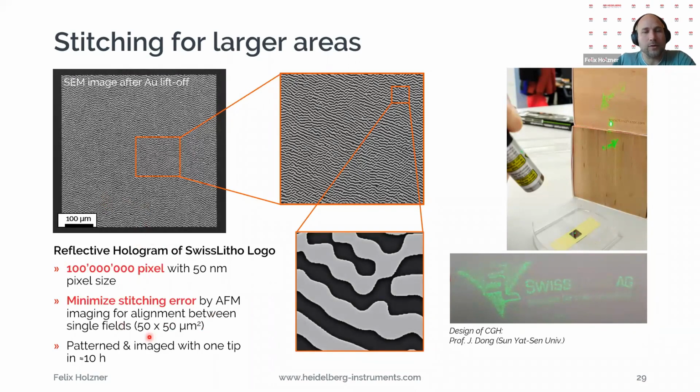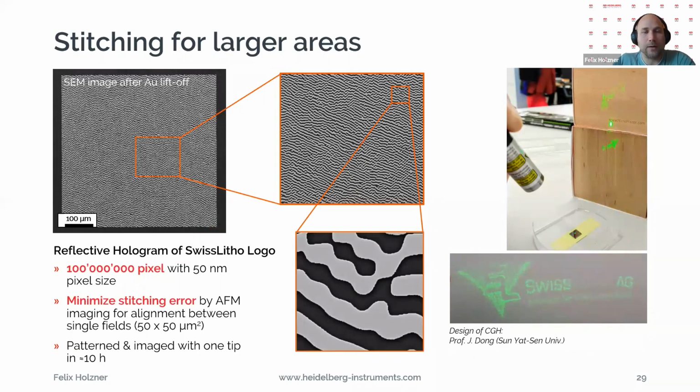For the stitching, we use our in situ alignment capability: we measure with a cold tip before we write the next field to align the fields with very low stitching error. But in general, this again takes rather long. This took around 10 hours to write and image this whole pattern.